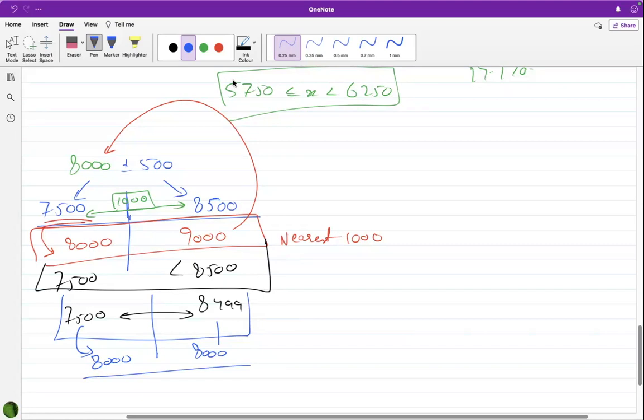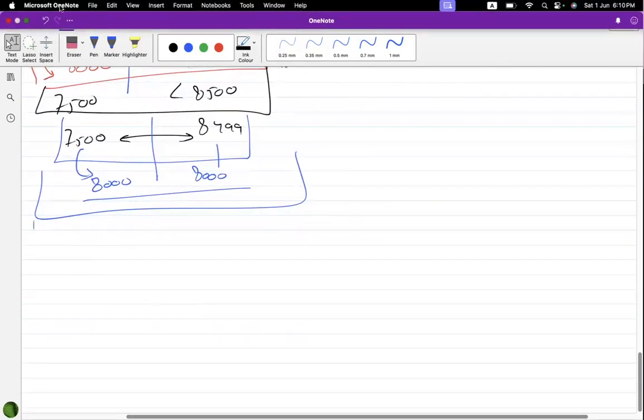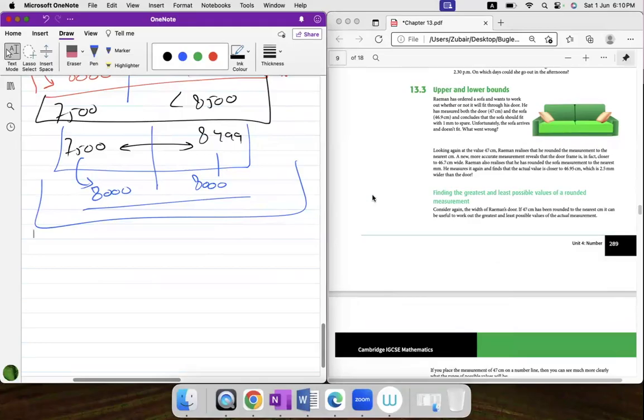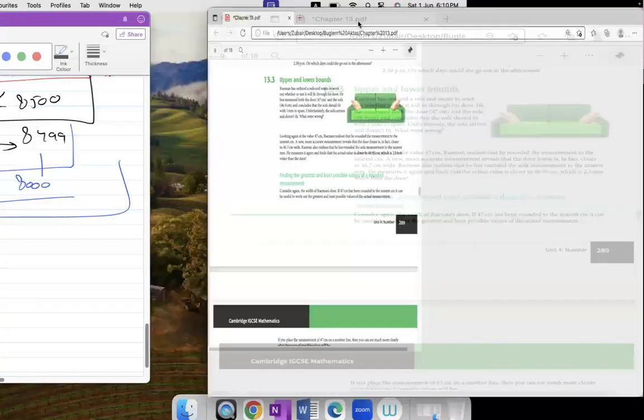Getting the point? So upper bound and lower bound, whatever the accuracy given, we go half up and half down.